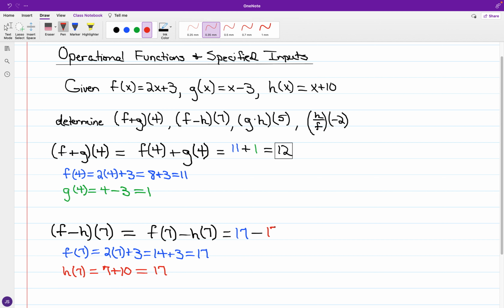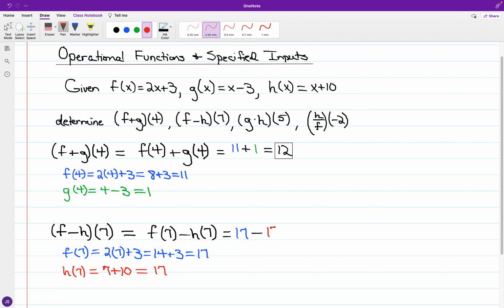Now for g times h of 5, for the product function, I can split this up as the product of the functions g and h. So in this case, we're looking at g of 5 times h of 5.